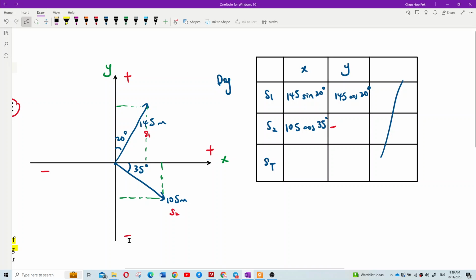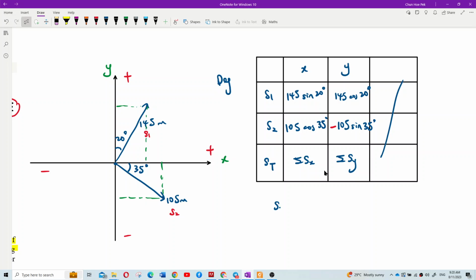Going down is negative, negative 105 sine 35. So you get your total Sx over here and total Sy over here.